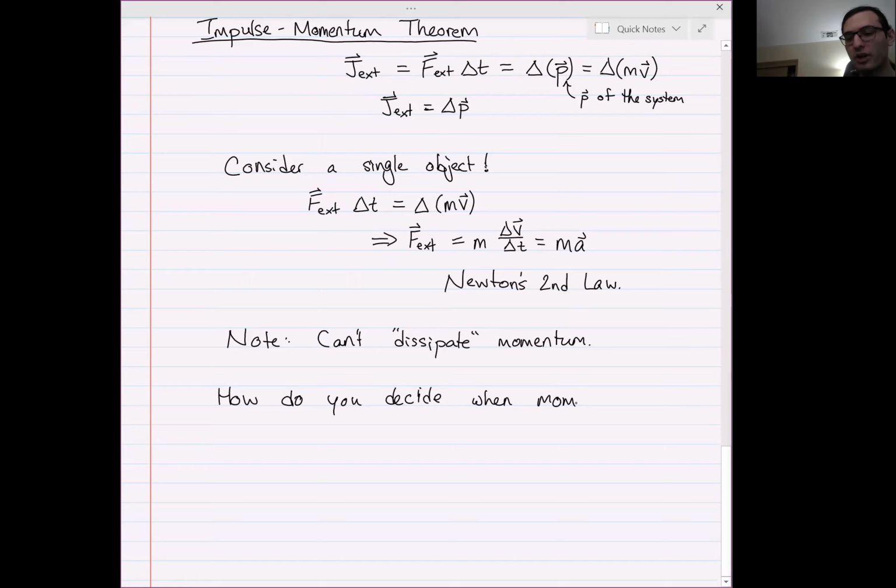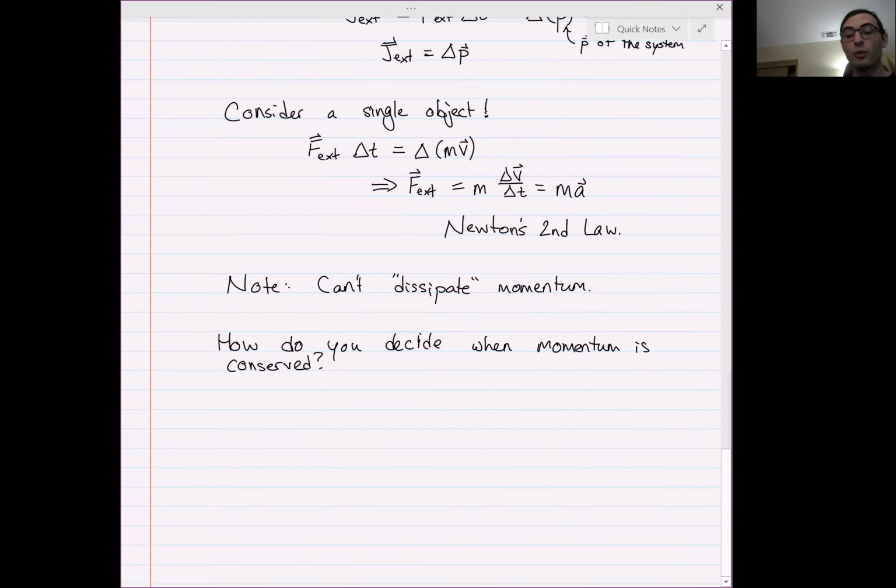The reason you might want to do that is that if momentum is conserved, then I can use momentum conservation to solve the problem, i.e. the initial momentum is equal to the final momentum. That would be a good thing to write down because then you can maybe solve for the final speed or something like that. Well, the way that you do this is you just ask if all forces involved are internal to the system.